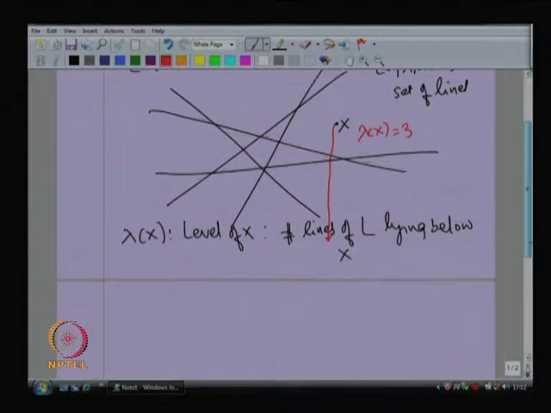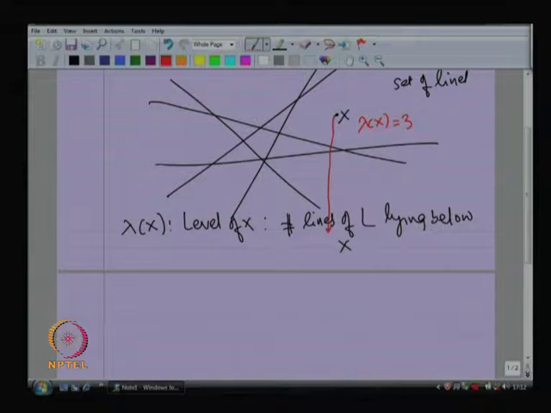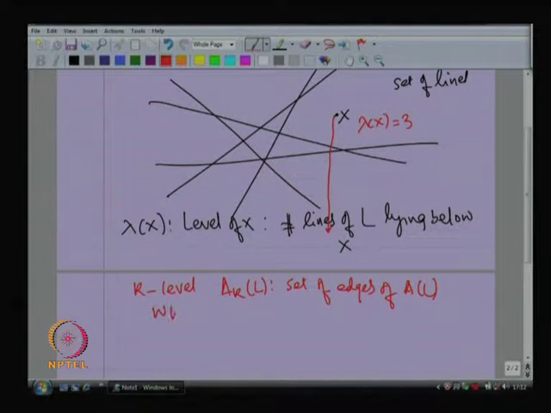Now, the k label, which I will denote as A_k(L), is the set of edges of A(L) whose label is k.